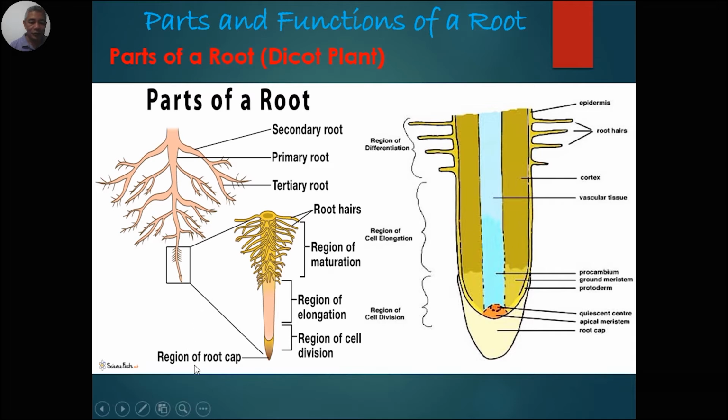The first region is the region of root cap. Actually, the apical part of the root, this one, is covered by a structure called the root cap, which protects the apex of the root, the tip of the root.